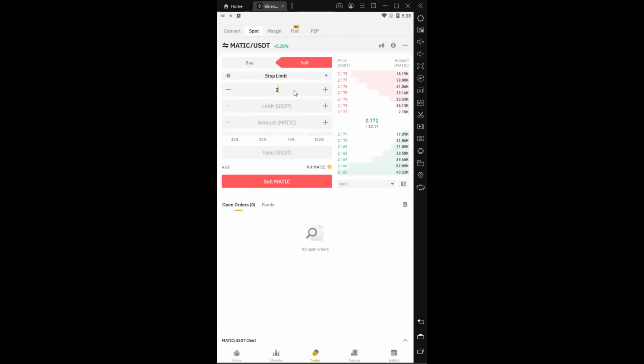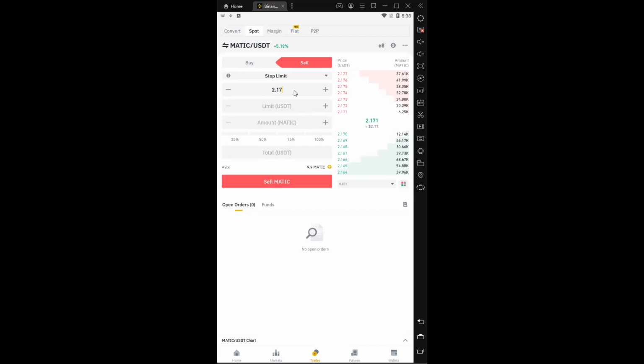Let's say the price has moved to 2.2 now, and I bought it at 2.17. I think the market has already moved and I'm thinking it's going to move more, but at the same time, I don't want to lose more than my capital. So I place the stop limit at my capital, which is 2.17.